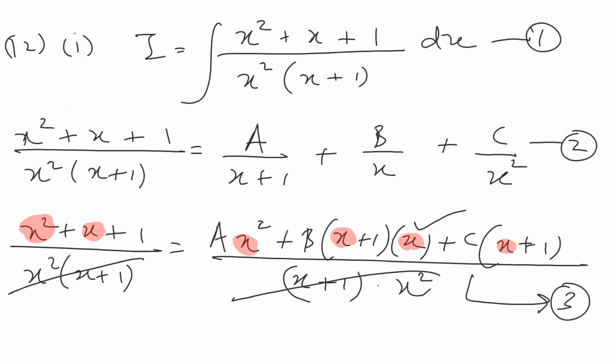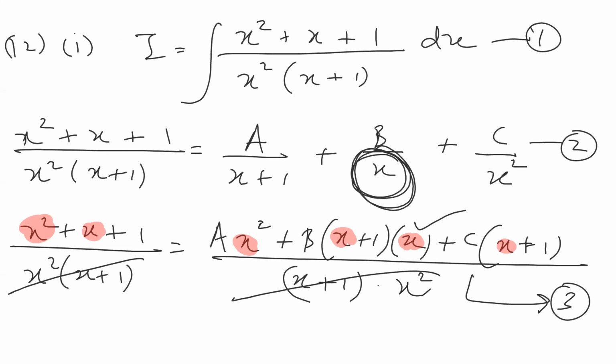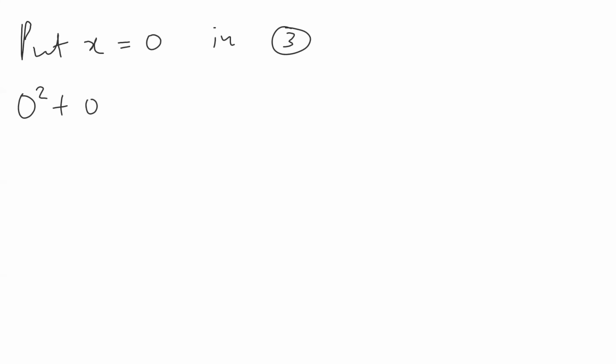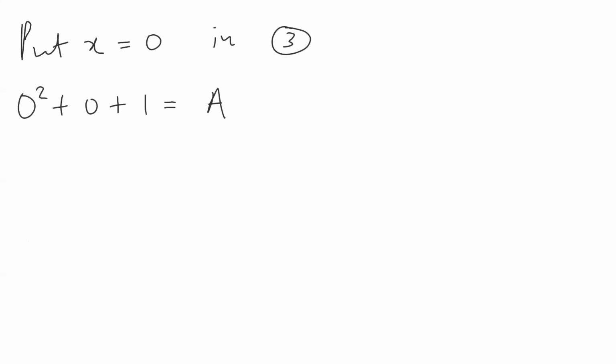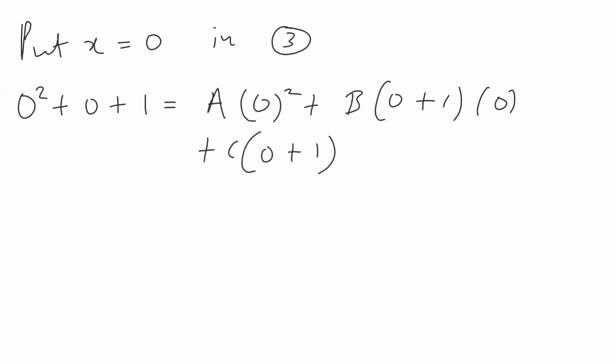For the second iteration, put x equal to 0, because if we equate x to 0, the value of x will be 0. In equation number 3, 0 square plus 0 plus 1 equals A into 0 square plus B into 0 plus 1 into 0 plus C into 0 plus 1.